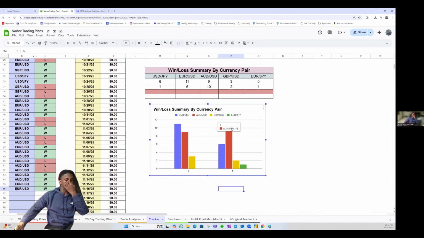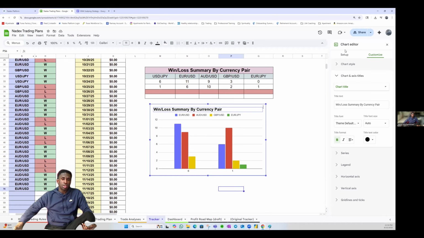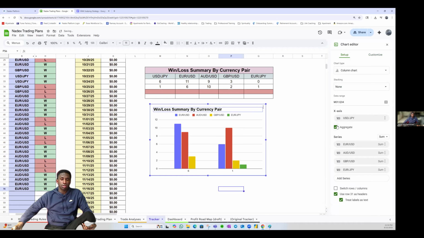It's missing one. 1, 2, 3, 4. These are, it's missing a whole damn chart.